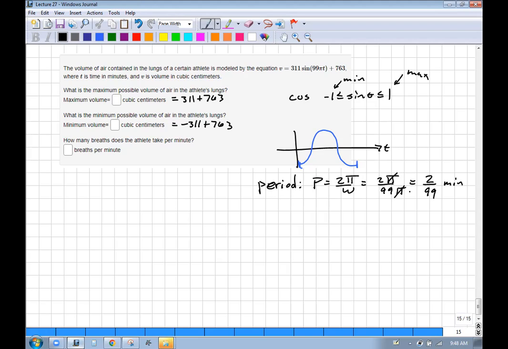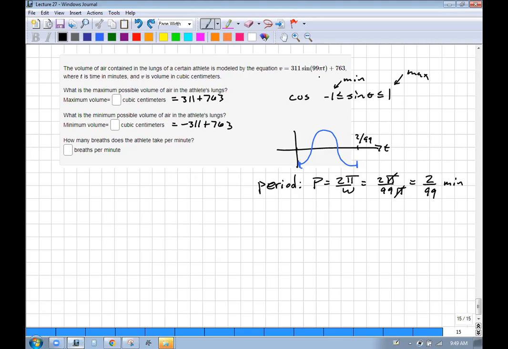And so since this is a period, this is per minute. How can I say this? So at time 0, this would be 2 over 99. I don't know, that doesn't look right. Yeah, I mean, the period is 2 pi divided by omega.